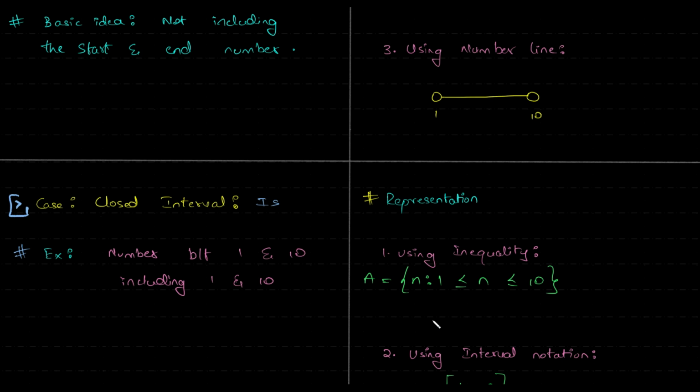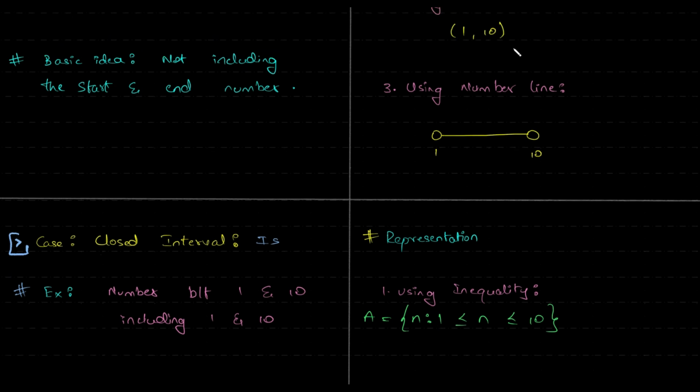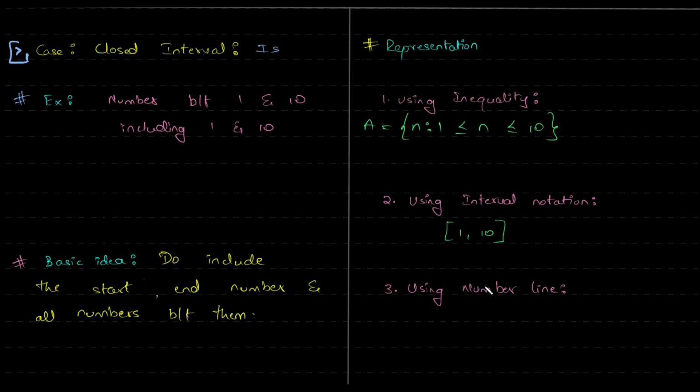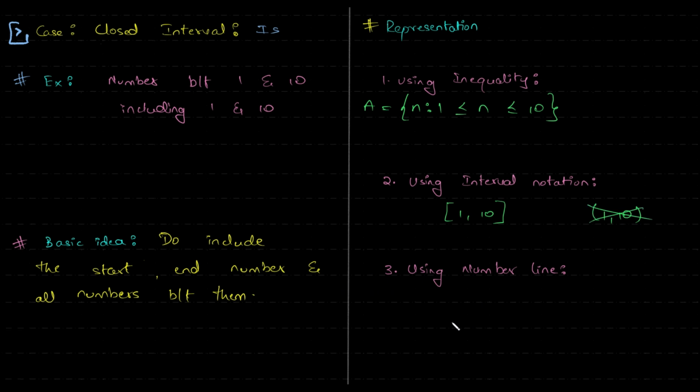That's the difference. Please have a look at this. This is small and this is square. Of course, you should not be writing this over here. Using number line, same circle, a line, a circle, you just have to shade it. So 1 and 10 are part of the group.